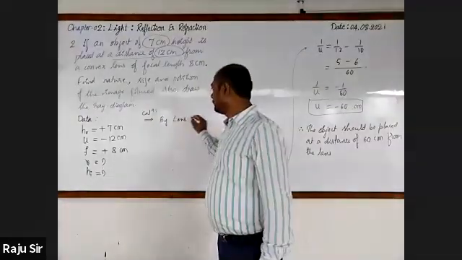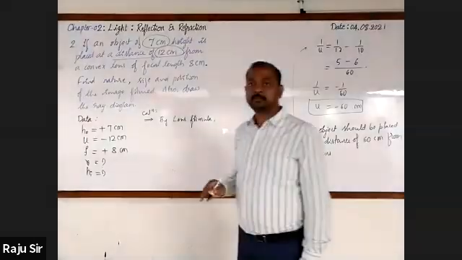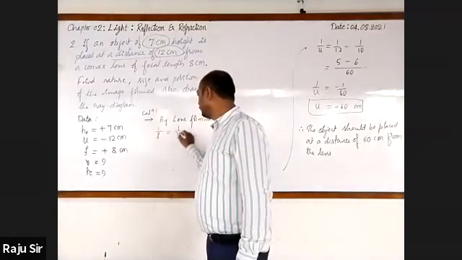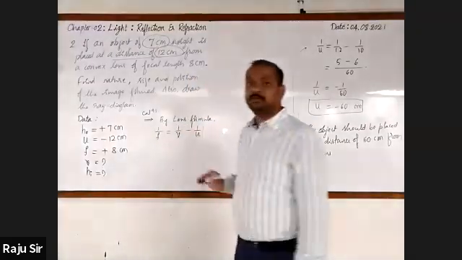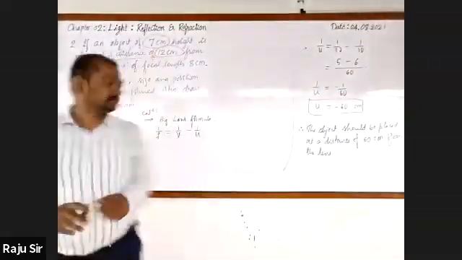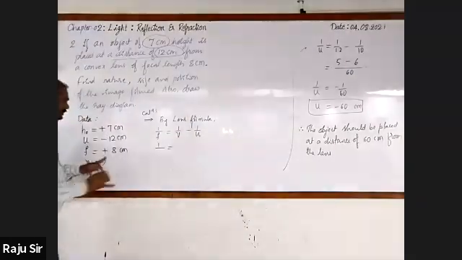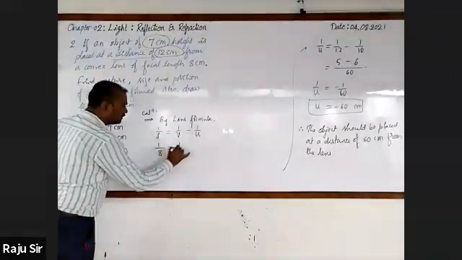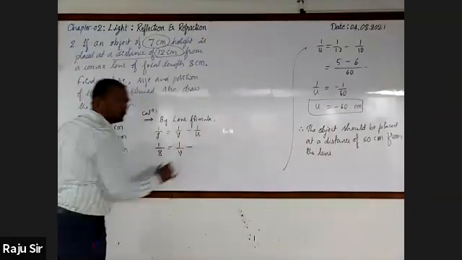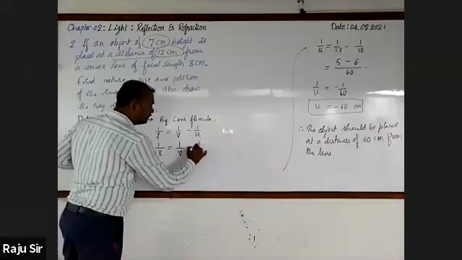Please write: 1 by f is equal to 1 by v minus 1 by u. Substitution: f is positive 8, 1 by v is unknown, minus 1 by u where u is negative 12.